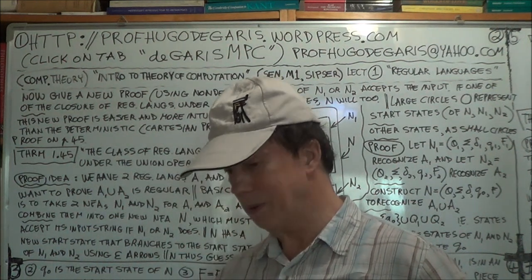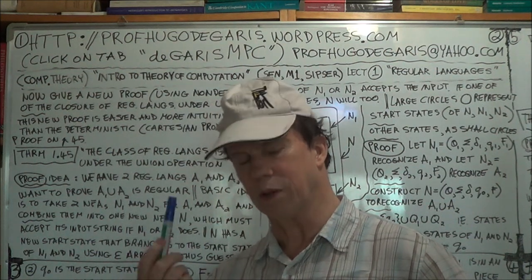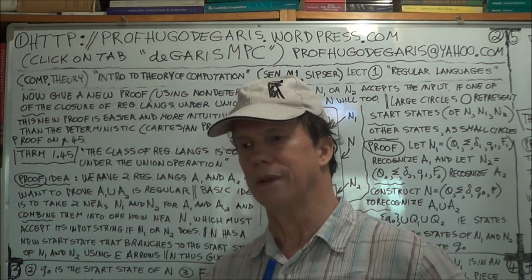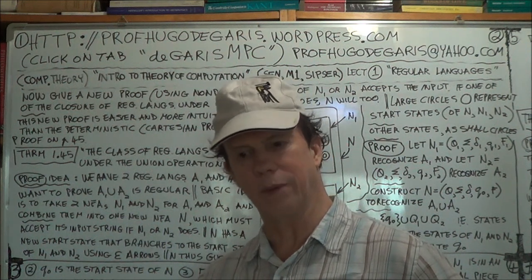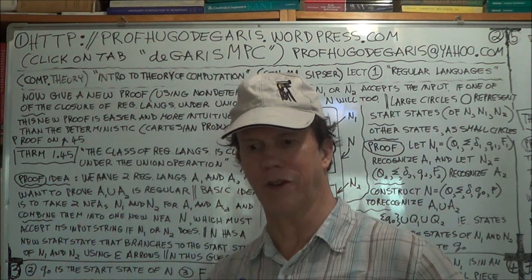Right. So we are now trying to prove that the class or the set of regular languages is closed under the operation of union. That's a binary operator.